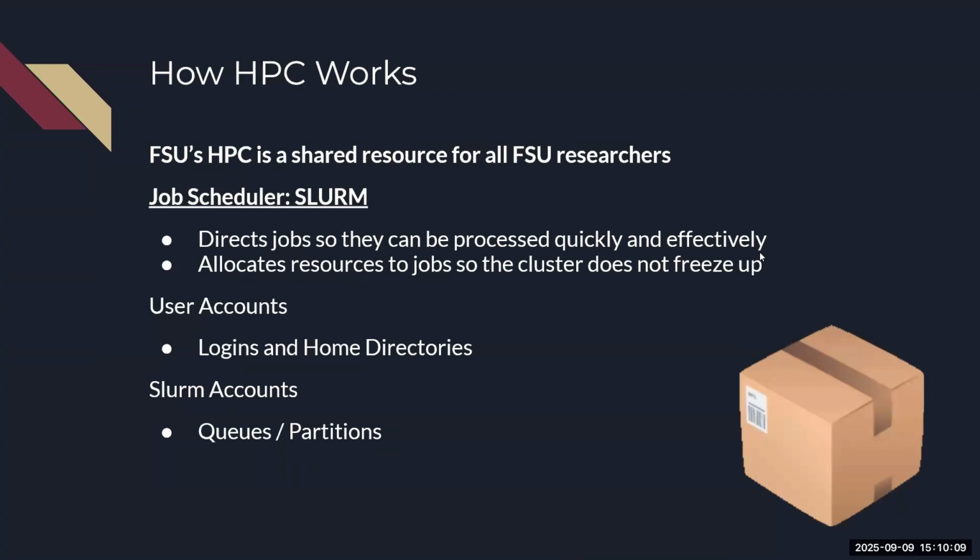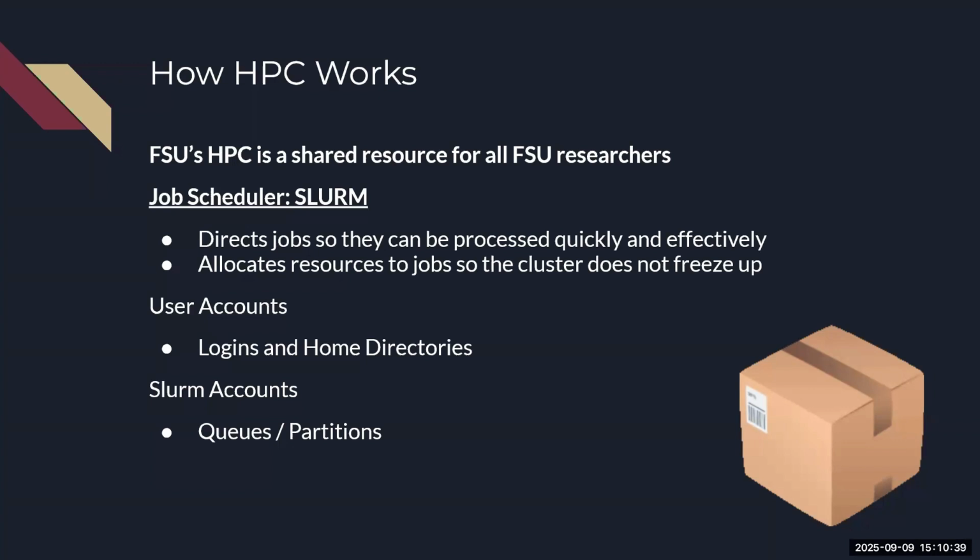The high performance computer is a shared resource for all FSU researchers. And so we use a job scheduler, Slurm, so that we can allocate who gets what resource and how much people need. Because if we just let people submit their programs and try to run them, it's possible that the cluster can freeze up if we don't have enough resources to process all the jobs.